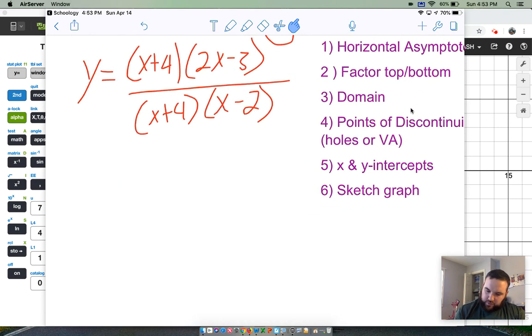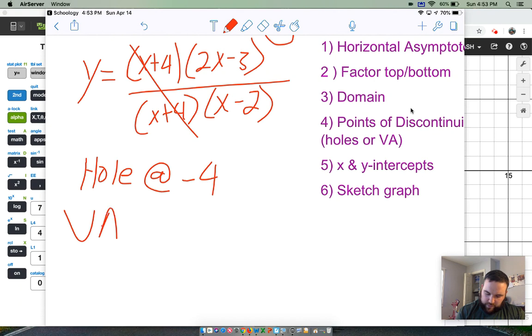So we had that crossed out, which means I have a hole at -4 and a vertical asymptote at x equals 2.